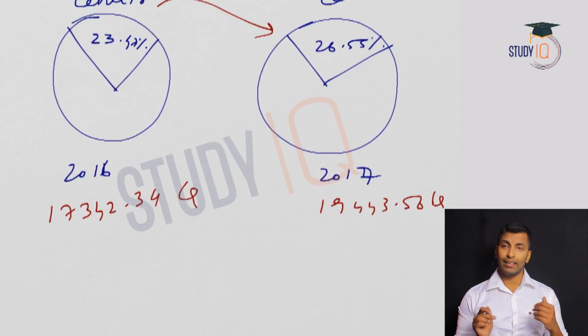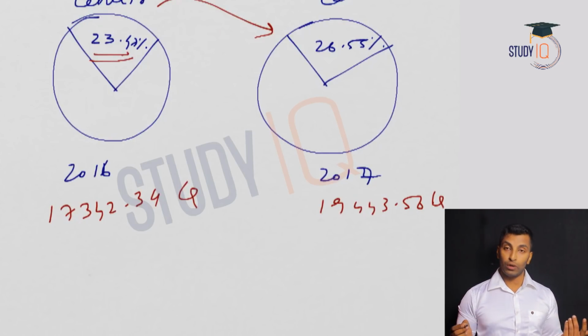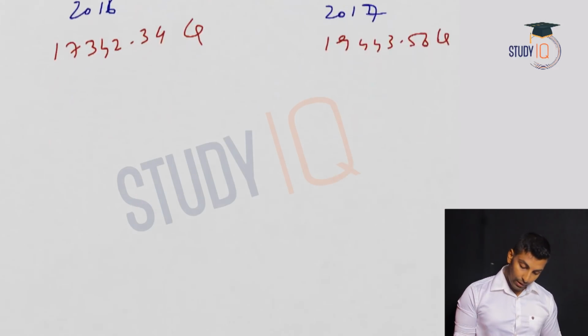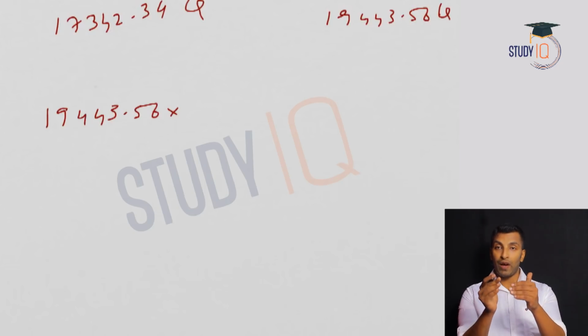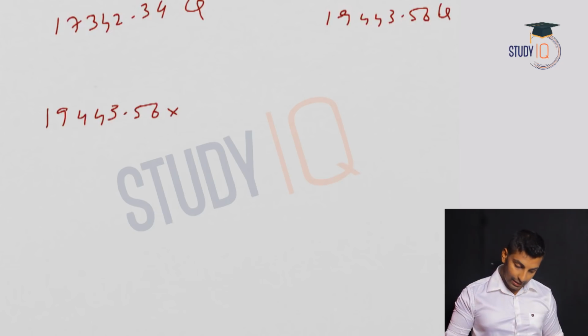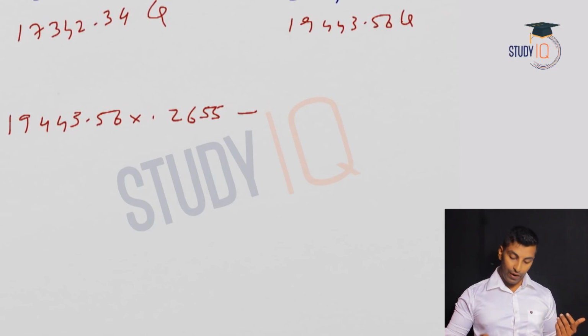So how will you get the share of Celerio in the total revenue? It is given: 23.47, and here 26.55. So we need to calculate 19443.56 into 26.55 divided by 100. I can write it as 0.2655. That's in the year 2017. Minus, because we need to find the change, right?